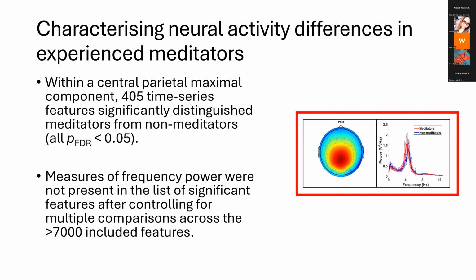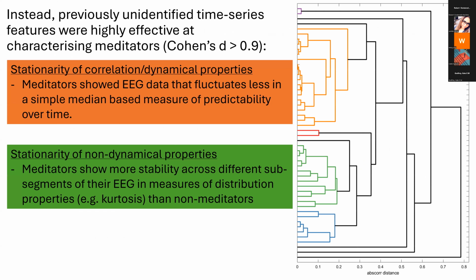So out of these 7,000 different analyses, we've found 405 time series features that distinguished meditators from non-meditators after applying that multiple comparison control correction across the 7,000 features. Oscillatory power and traditional measures didn't show up actually in that 405 feature list.